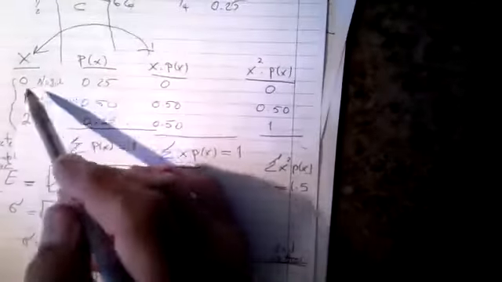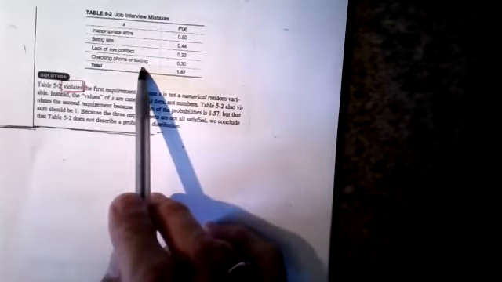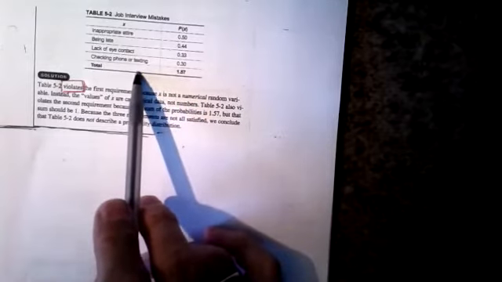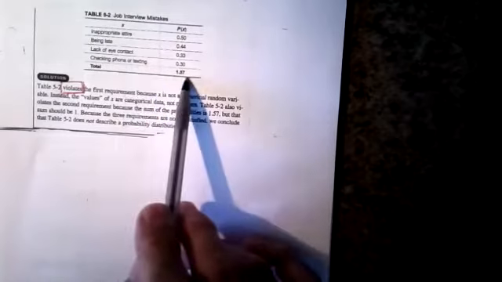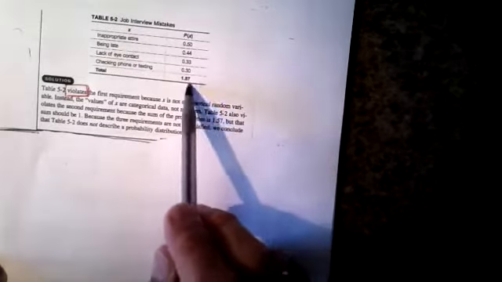See how x is always a numerical value here? So that's one of the conditions. You want to make sure that x is a numerical value. And this one violates both rules. This is not a numerical value, it's not a number, and look here, the sum of P(x) is not 1, it's 1.57. So this is not a probability distribution table.